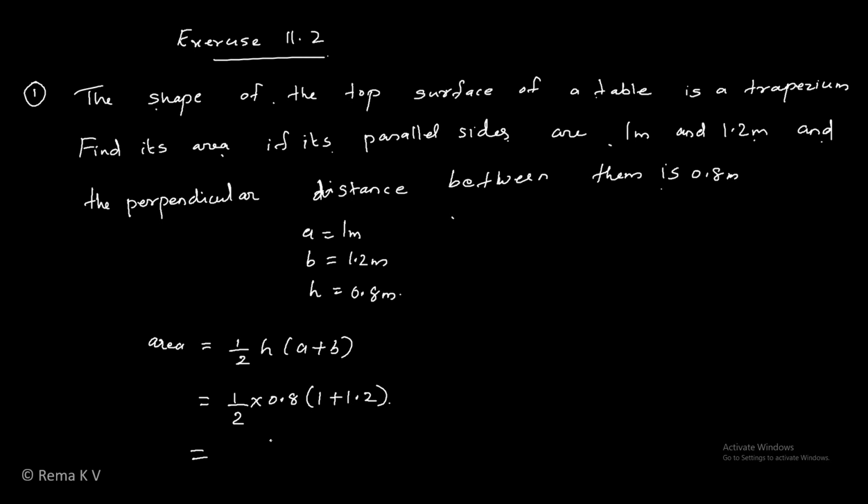Baby Nada, see the unit. It is 0.88 meter square, not meter. We are finding the area, so its unit is meter square. So I hope it is clear to you. Let us do the second question.